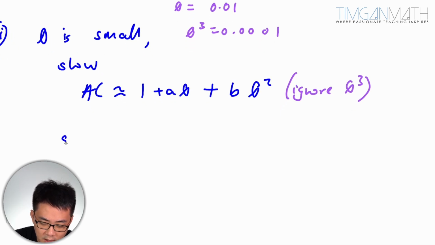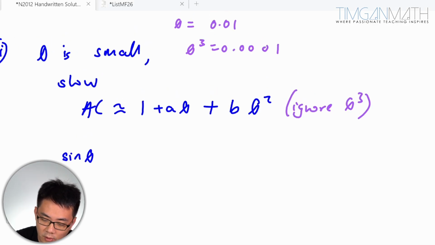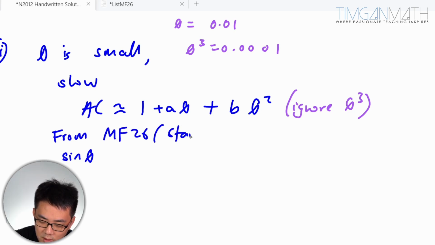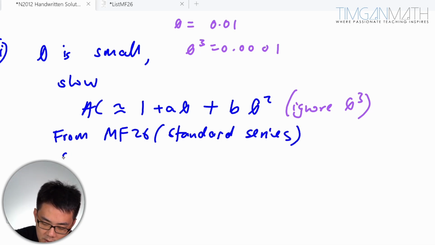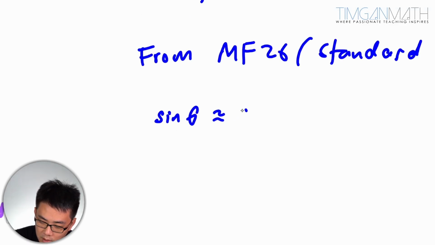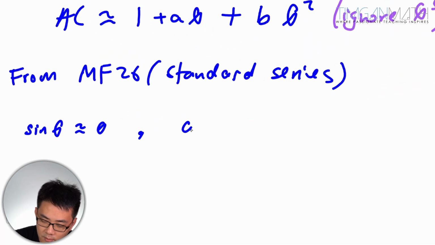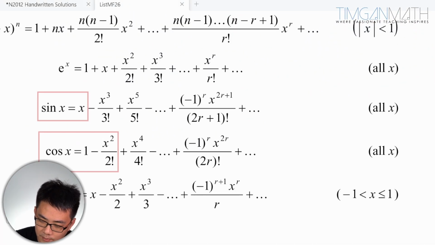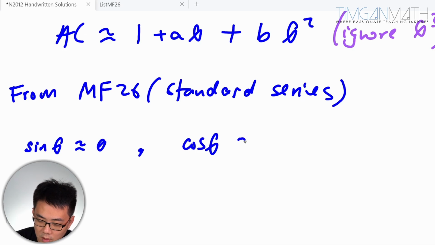So in other words, sine theta from MF26 standard series will be equal to theta here, and cosine theta will become 1 minus theta squared over 2 factorial, which is 2.